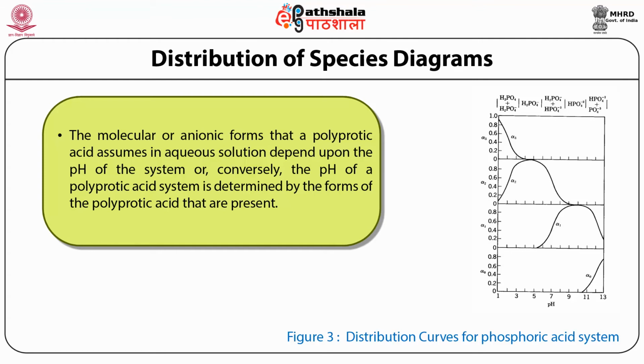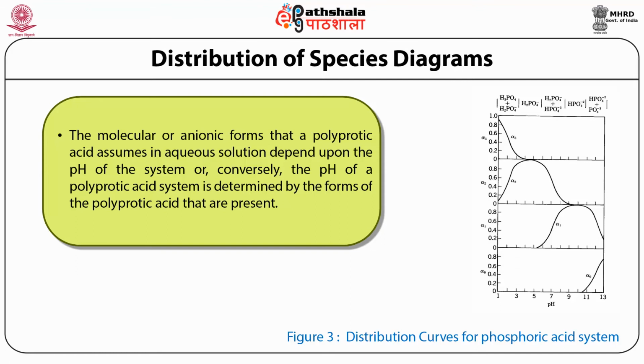Between pH 1 to 3, H3PO4 is present along with H2PO4 anion. If we further increase the pH, only H2PO4 anion is present.